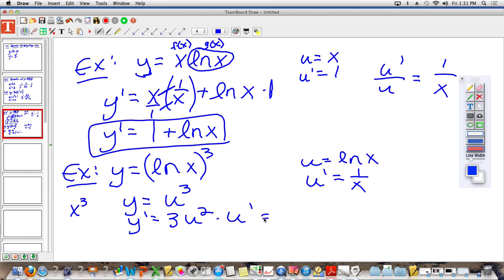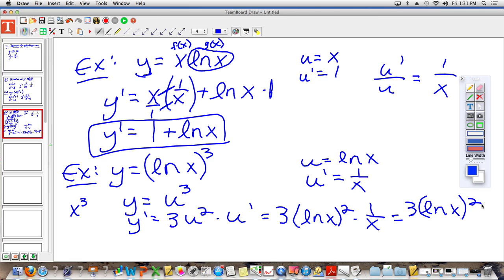All right, so here we go. We have 3 times u squared. Well, what is u? ln of x. So we have 3 times the ln of x squared, but that has to be multiplied by the derivative of u, which is 1 over x. So one more step just to make this look a little bit nicer. It's going to be 3 ln of x squared over x.